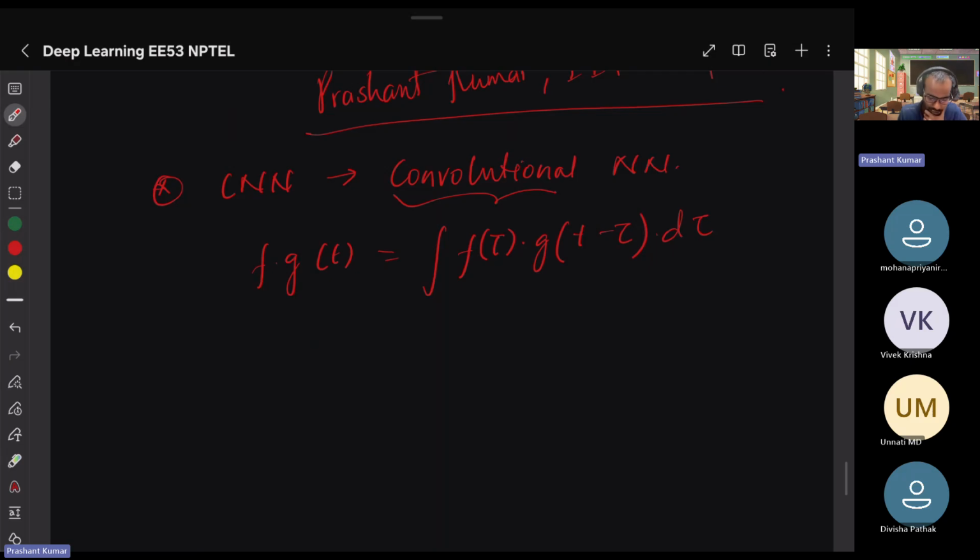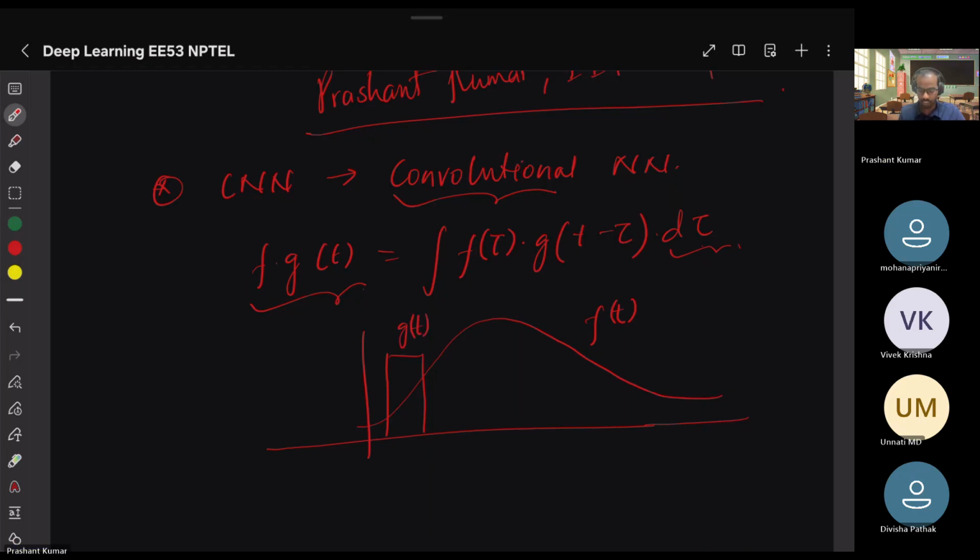So what does it look like? You can see this function is dependent on time, and we are integrating over d tau. So you have a function, let's say f of t, and then there is another function, let's say g of t, and then we are multiplying and integrating it.